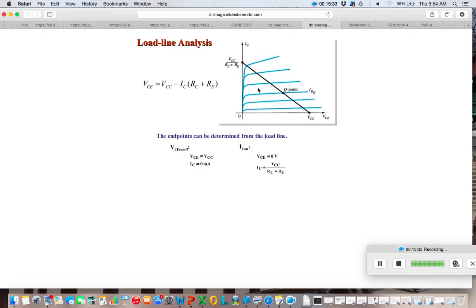The same thing applies to the DC load line for the emitter stabilized bias circuit. Again, to draw the DC load line, you need to apply KVL at the output section, because only at the output section do we have IC and VCE.